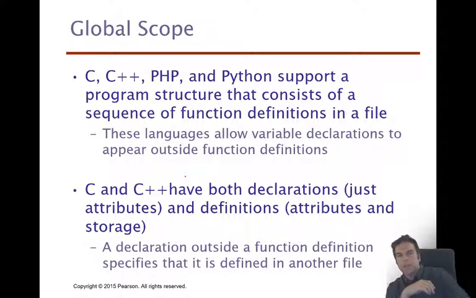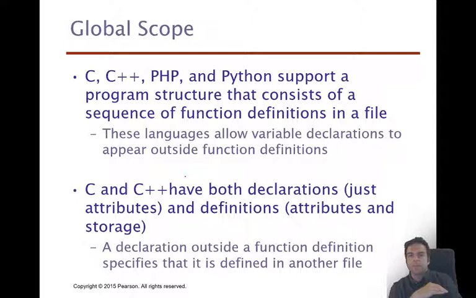Some languages allow you to have global variables: C, C++, PHP, Python. You can have variables that are free outside of anything else at the top of the file. And those are going to be, we can call them global. So they're module scoped in Python. And in C, they're global.